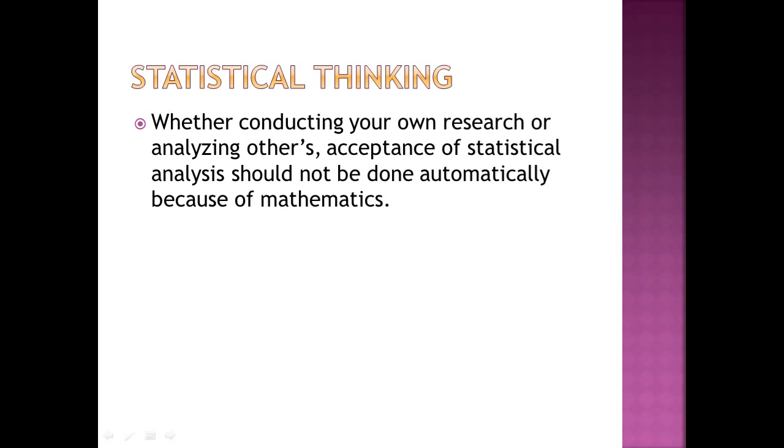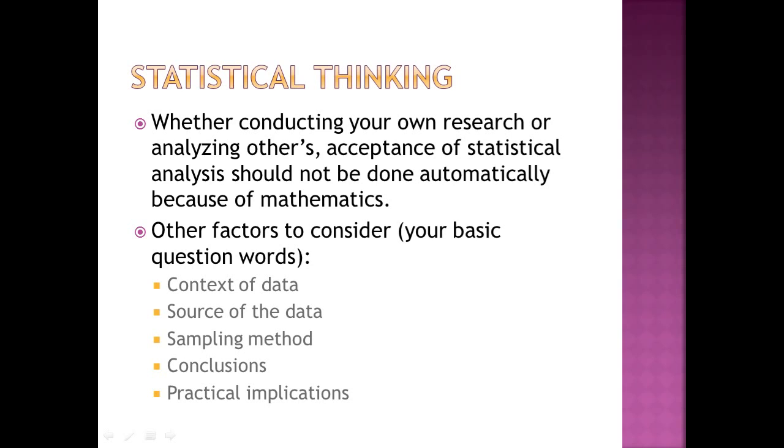The main point of this is, and this is tough coming from someone who's a mathematician, that all statistical analysis and the acceptance of that statistical analysis isn't done automatically because of the fact that mathematics is present. Mathematics, for the most part, is a very black and white subject. And that's why we have to take into account sometimes the gray area that underlies when you're talking about statistical thinking.